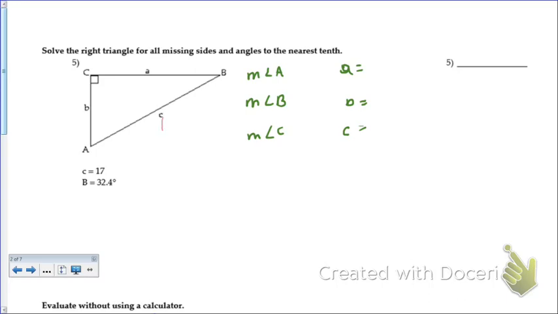I know that C is 17, so I'm going to put that in there. I know that B is 32.4, so I'm going to write that one down.